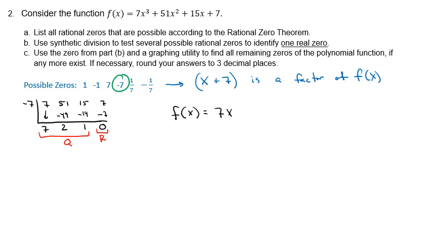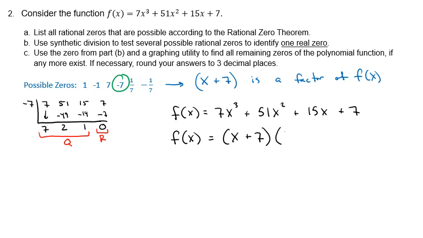So f of x, we started with 7x to the third plus 51x to the second plus 15x plus 7. And because we found one zero of the function, we have factored, at least initially, one step of f of x: x plus 7 times 7x squared plus 2x plus 1.